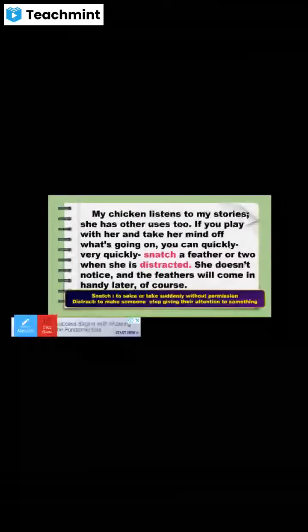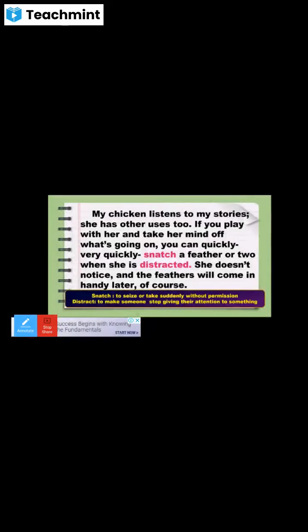Snatch means to grab or take suddenly without permission. Distracted means here to make something stop giving its attention to something. If she is unmoved, then I snatch a feather of a chicken.